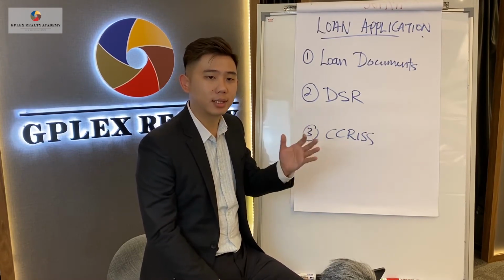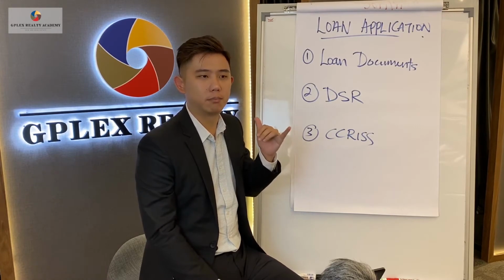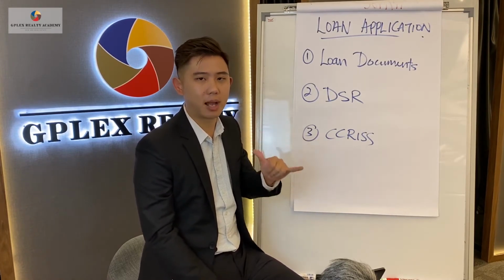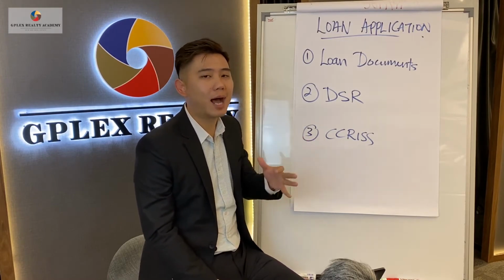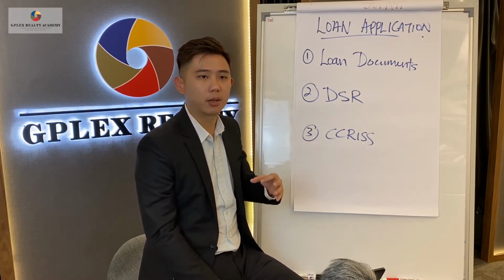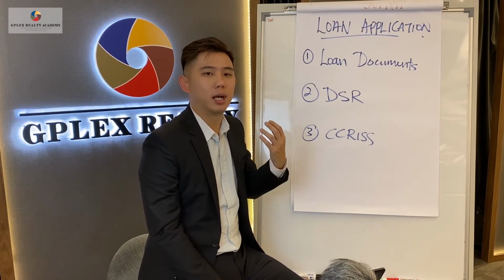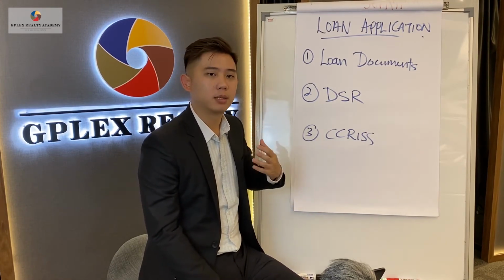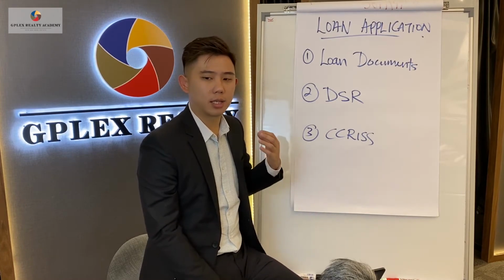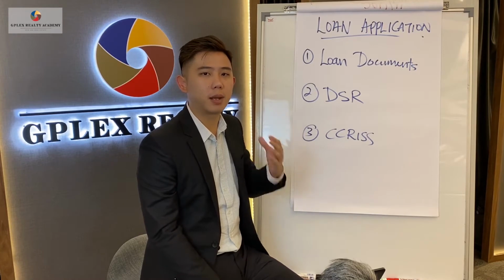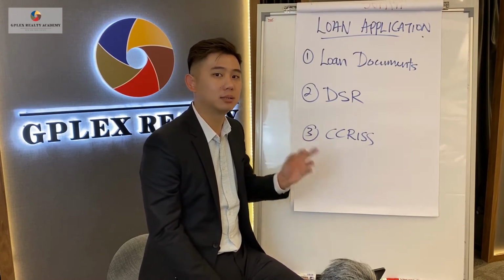Next will be the latest 6 months of the current bank account, if you have. Last will be the EA form. Let's say for an insurance agent, you can get the EA statement from your company, so that it proves the total commissions they paid to you for that particular year.